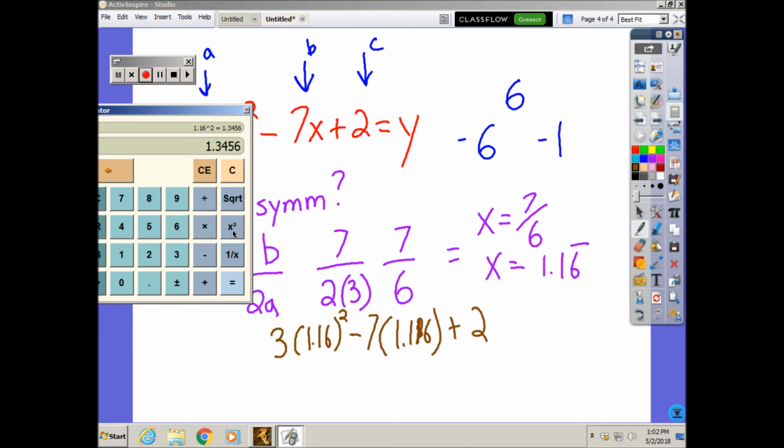I had a lot of people give me 2.32 because they took 1.16 and they times it by 2. They didn't square it. That, I don't even want to write it, times 3. This is 4.0368 minus, I have to do 7 times 1.16.